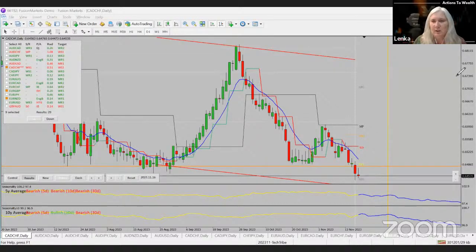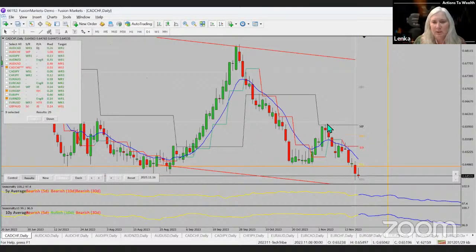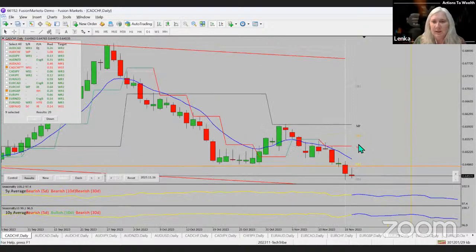On the weekly chart, we currently have one close underneath that level. Not very far. So this week, what I'm looking at is to see where that price action will continue to go.